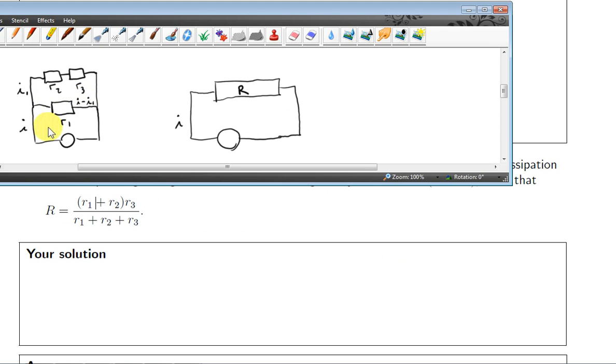So here's the picture. We want to replace our circuit with this circuit here. So we want this resistance big R to be equivalent to the three resistances in our circuit.